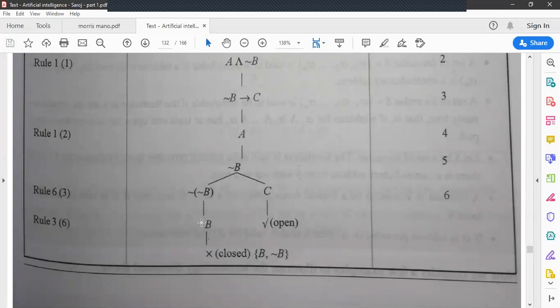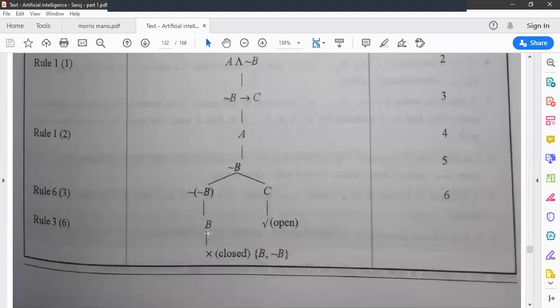When you apply rule number 3 on line number 6, these two are complementary. Actually, this is like B only. This side, this B, this is not B and this is B. This not B becomes B, and this not B and B, they are eliminated because they are complementary in nature.